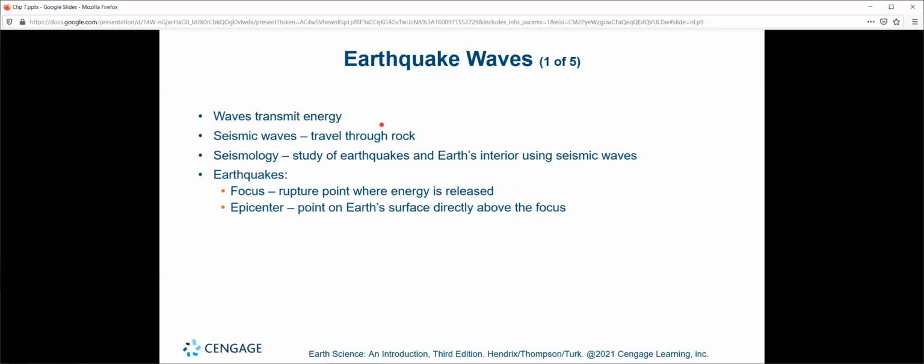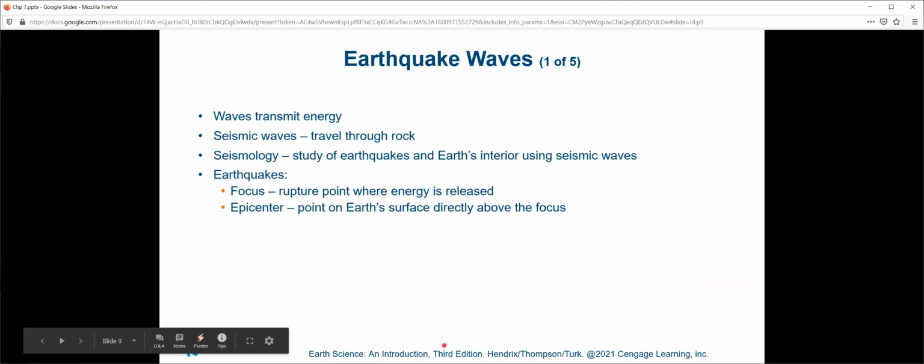First one here is the focus. The focus is the rupture point where the energy is released. That snapping going on, that snap point right here, that would be the focus. In this example, the focus is on the very top, but usually the energy is released down below at some point.